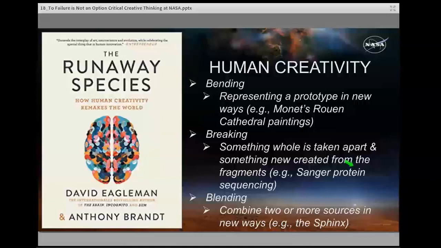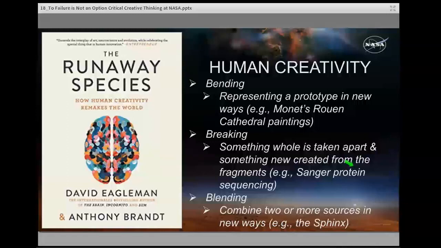This was a New York Times bestseller here in the United States, and it basically goes through how human creativity comes together. It's wonderful because it blends the biology perspective of how our brains work with the creative sides of our brains, and how we mix and match those to come up with potential solutions to problems that we're trying to solve.